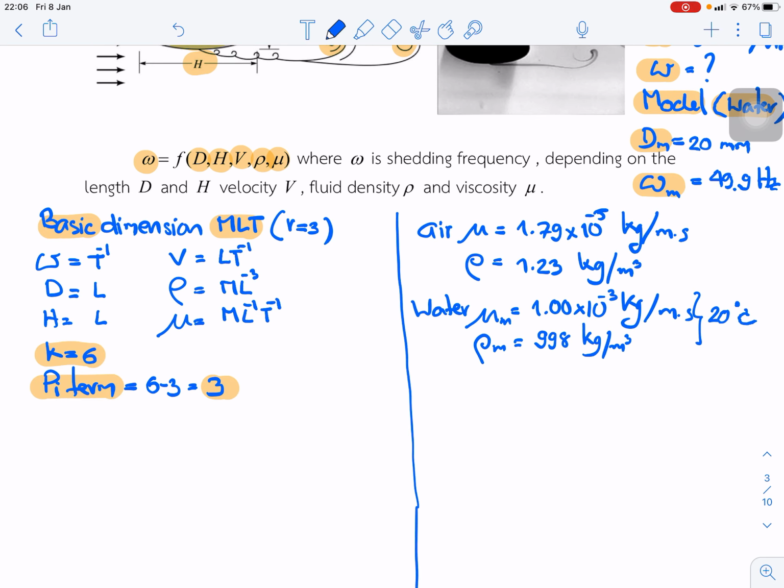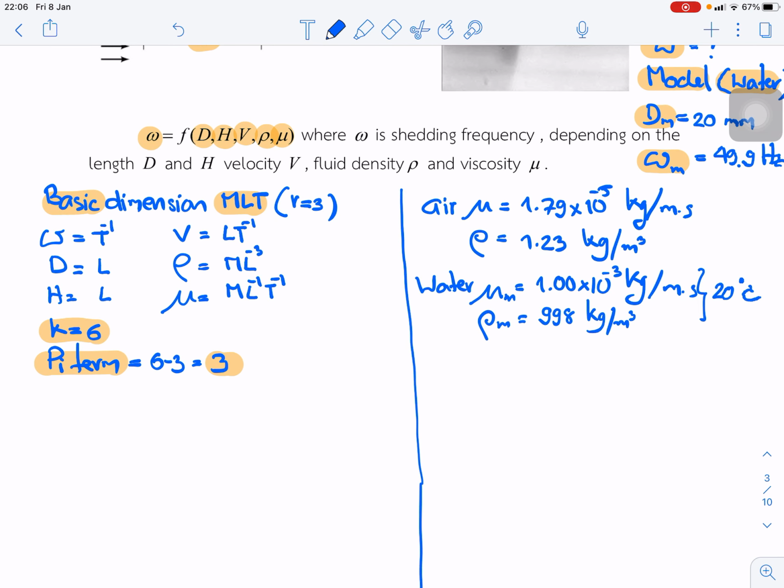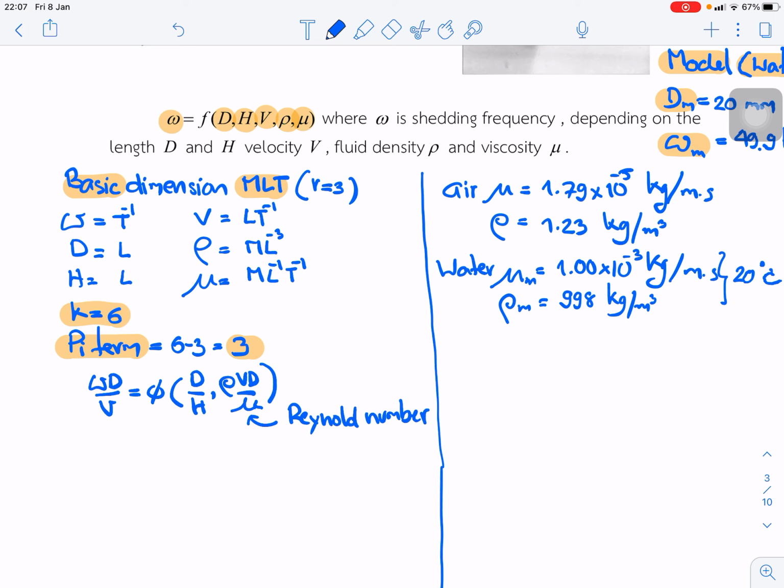Working from the previous, based on the Buckingham pi theorem, we can estimate 3 pi terms, the first equal to omega D over V. This term is the Reynolds number, and this term we call the Strouhal number.